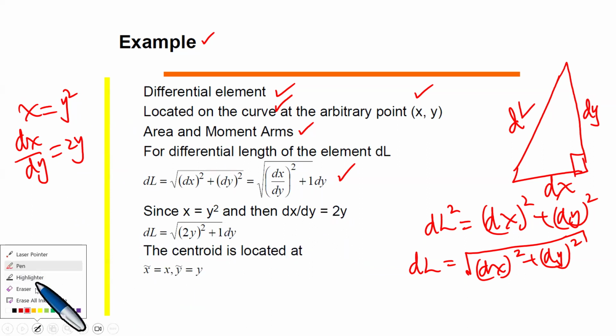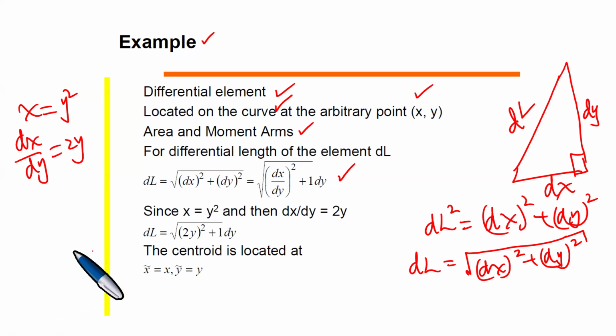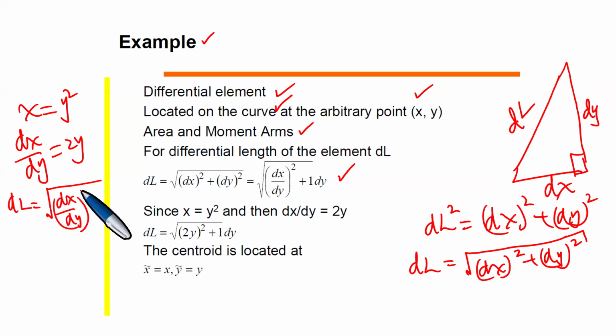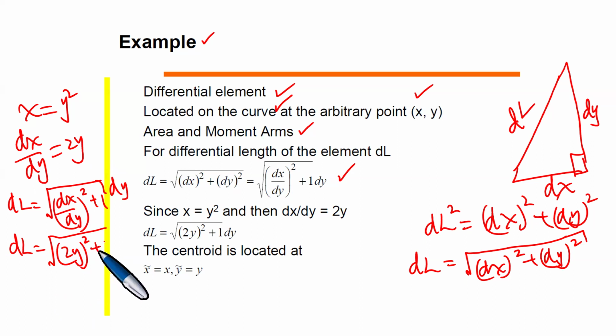If we perform substitution into this formula, dL is the same as the square root of (dx/dy) squared plus 1, times dy. What is dx/dy? It's twice y, and you square this, plus 1, and you have a dy.